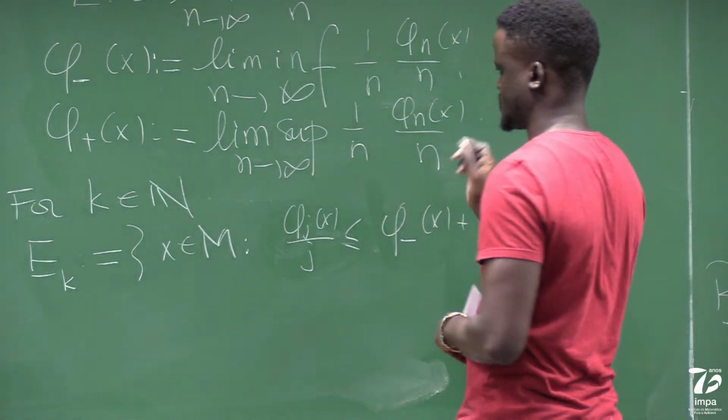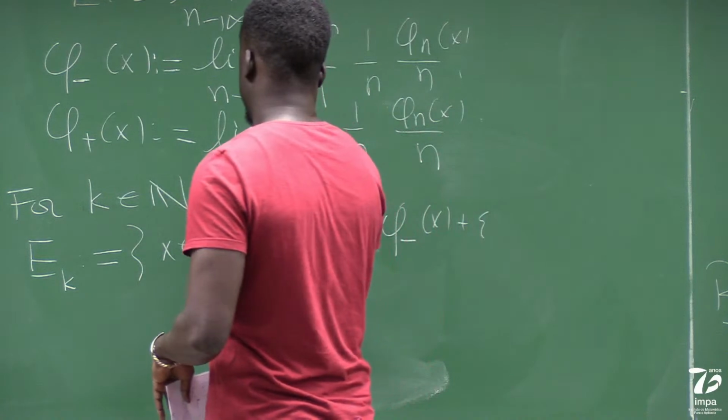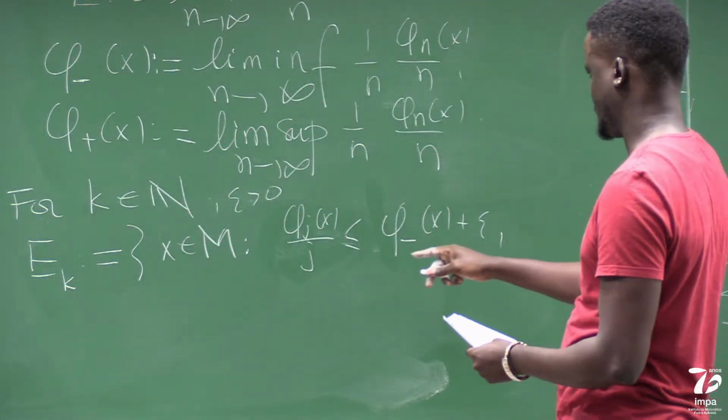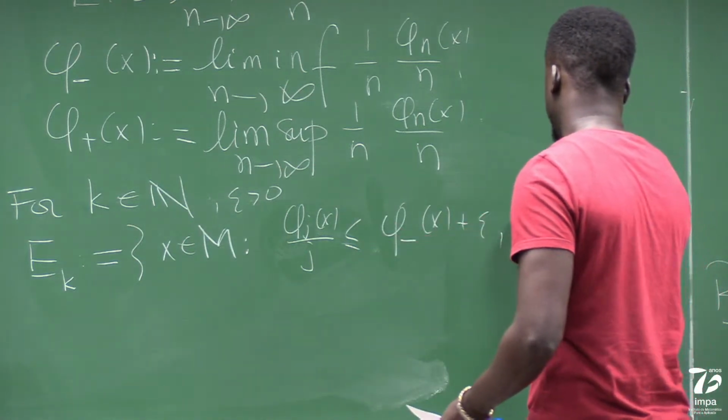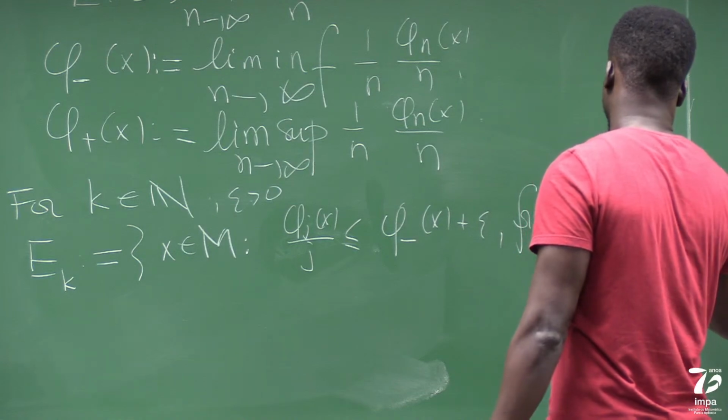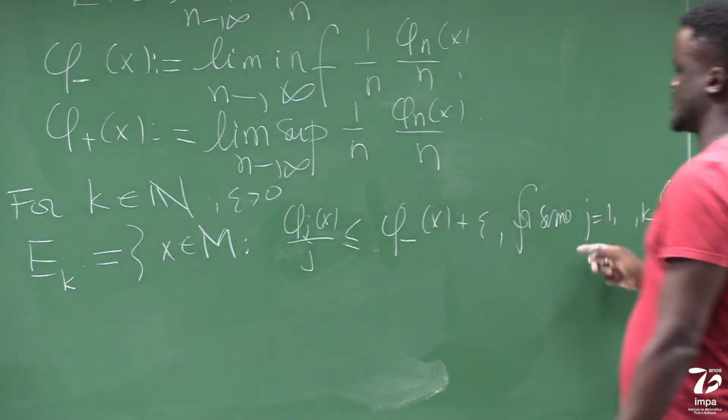So epsilon is chosen arbitrary. For some j equals 1, for some j here.